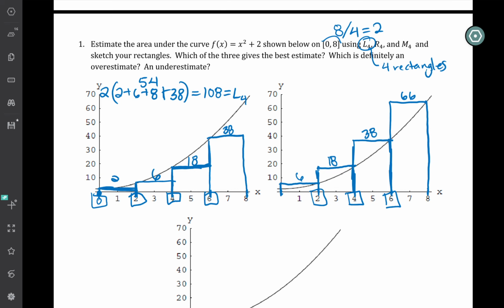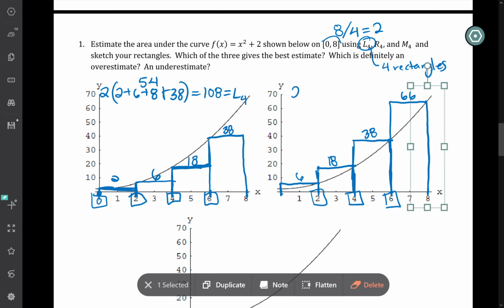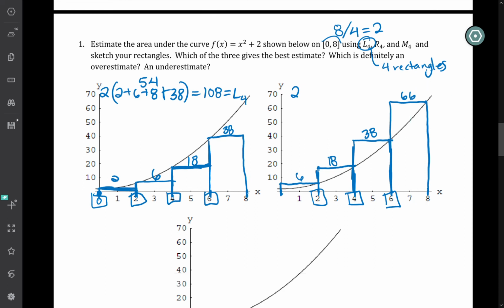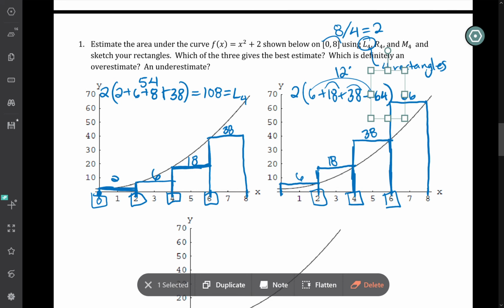So if we do 2, which is our width, multiplied by 6 plus 18 plus 38 plus 66. So what do I see? I see 24, and then I see 62, and then I see 128.